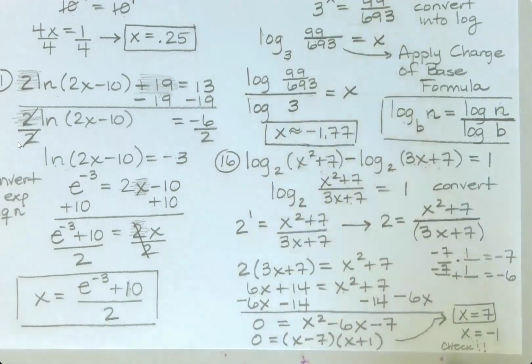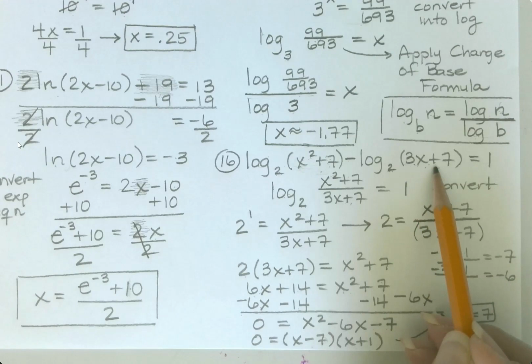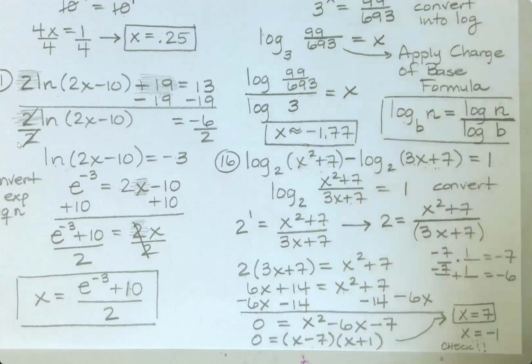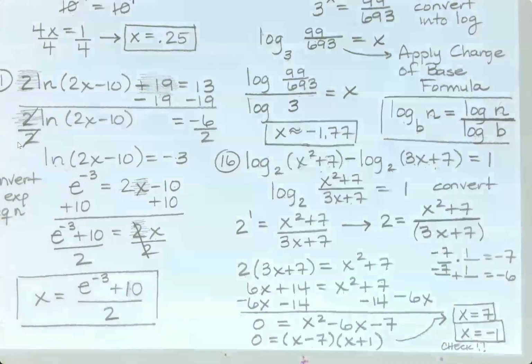Okay? So that works. That's okay. Let's plug in negative 1 up here. 3 times negative 1 is negative 3. Negative 3 plus 7 gives me a positive 4. That's a positive number. So I can go ahead and claim this one to be an acceptable answer as well.